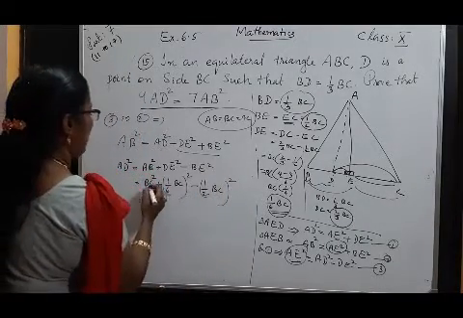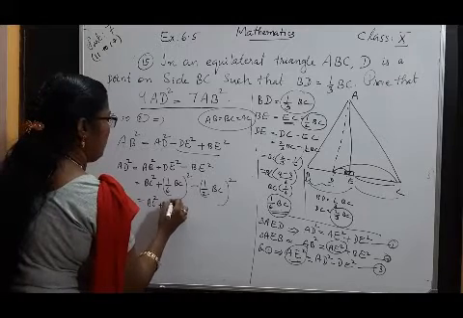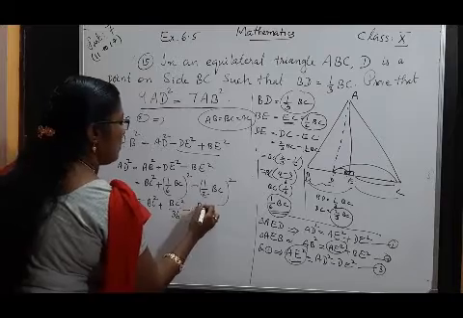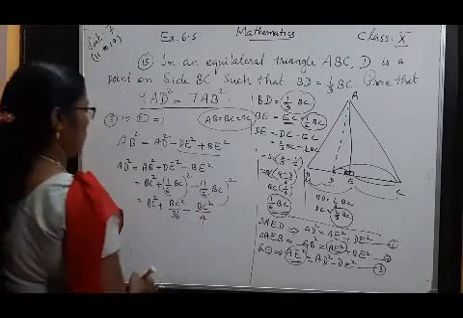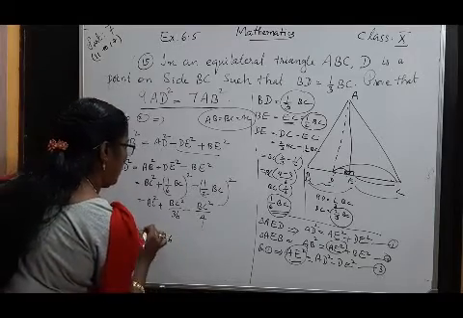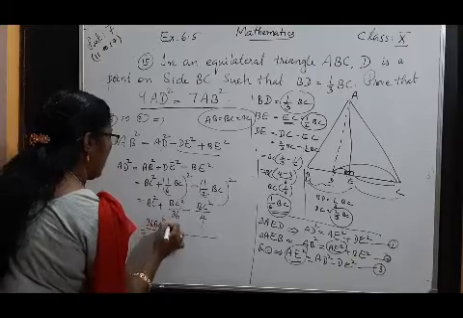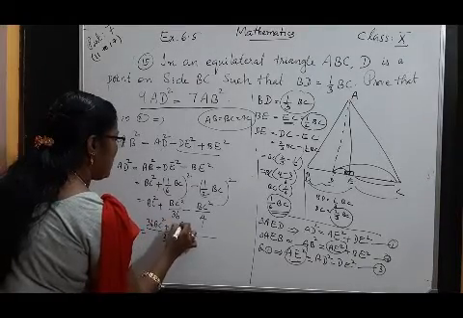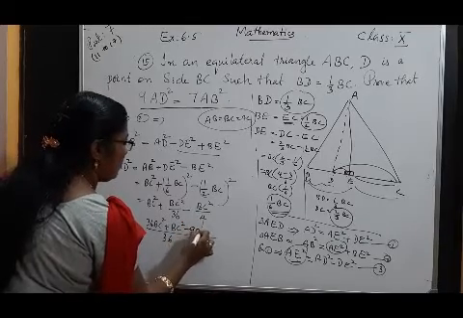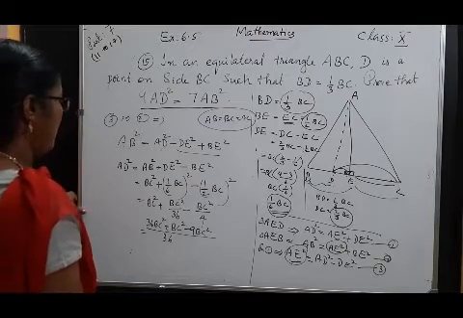Okay, this is BC square plus BC square by 36 minus BC square by 4. Then taking the LCM, 36 as the LCM. Here 36 BC square plus BC square. Here 4, the 9 BC, 4 9s are 36. 9 BC square.